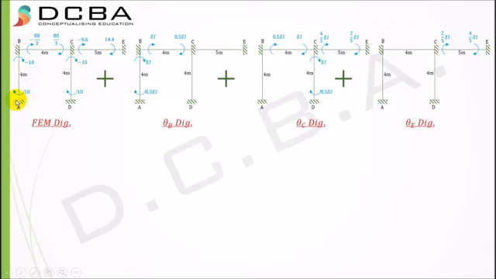Now MAB would be written as 10. This is clockwise, so it will be plus 10. I'm only concerned about this joint now. Okay, I'm writing the equation for MAB. It will be plus 10. Then here plus theta B into 0.5 EI, since it's a theta B diagram.